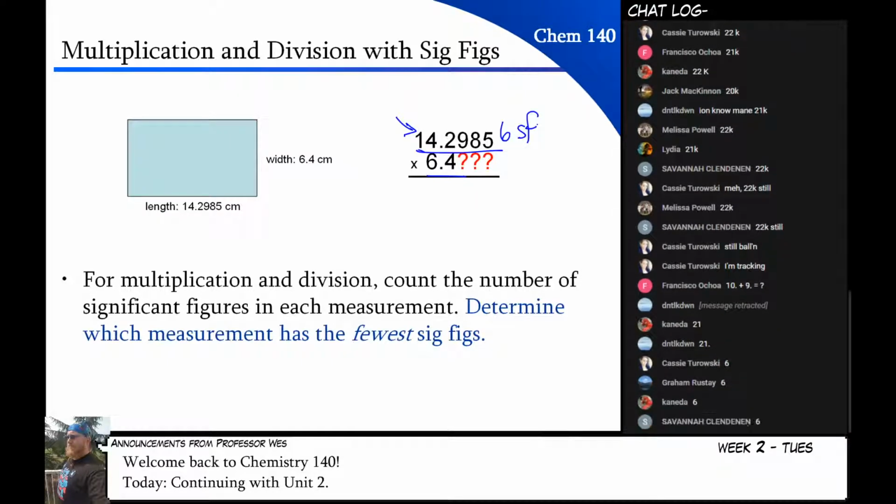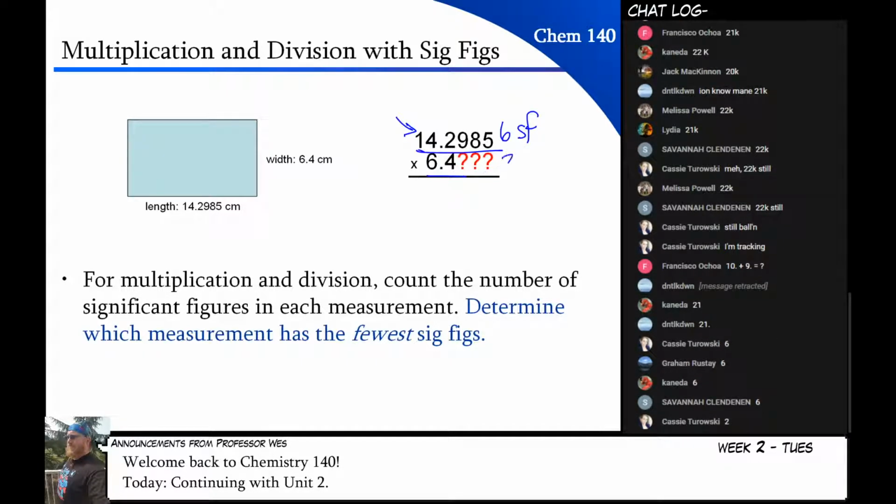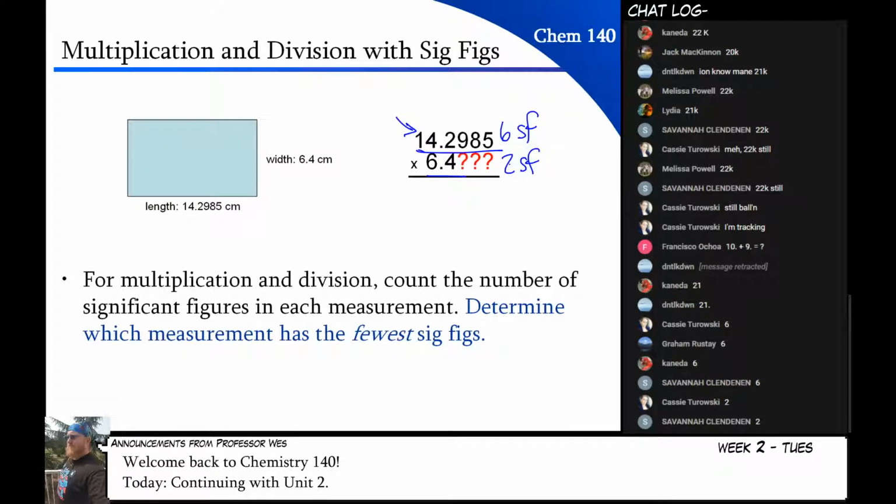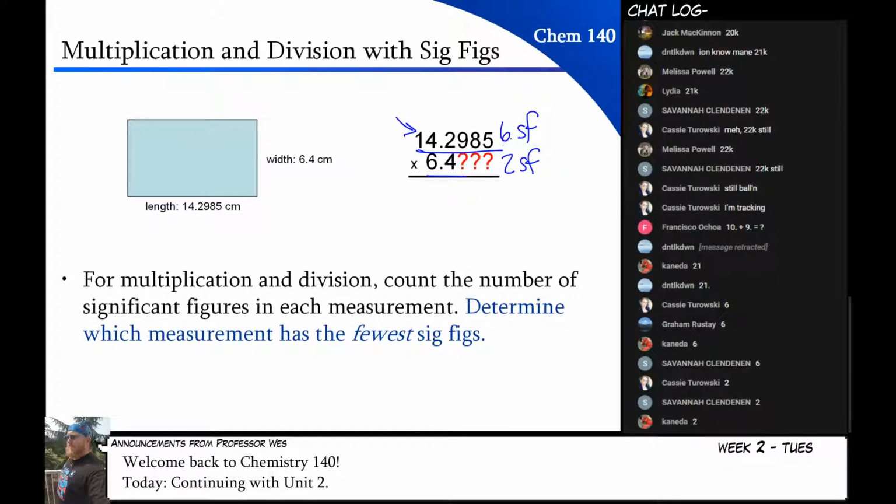How many does 6.4 have? 2 sig figs. Good. Your answer will have the fewer number of sig figs when you do this problem. What's fewer, 6 or 2? Well, 2 is, right? So my answer will have 2 sig figs. So now I just punch this into the calculator, get whatever answer I should have, and just keep the first 2.